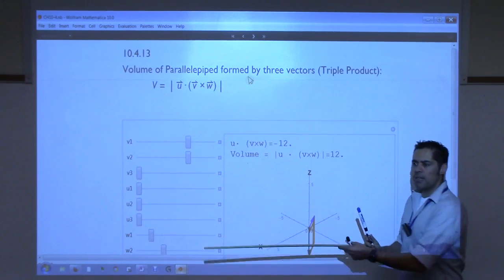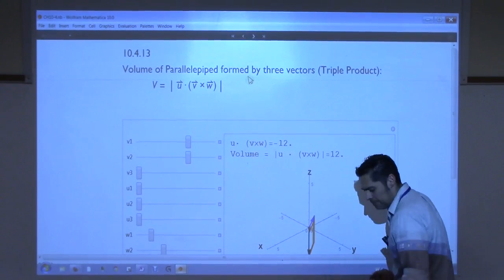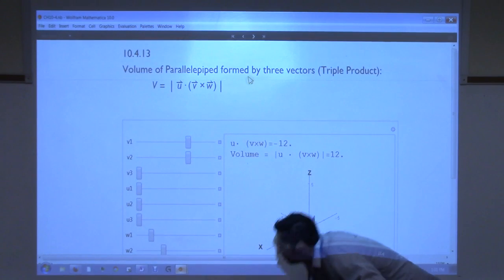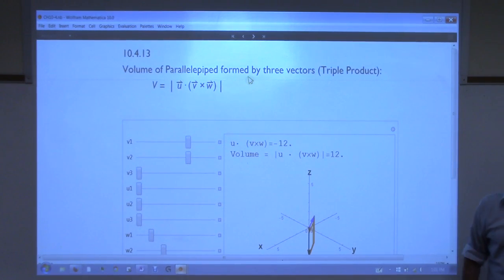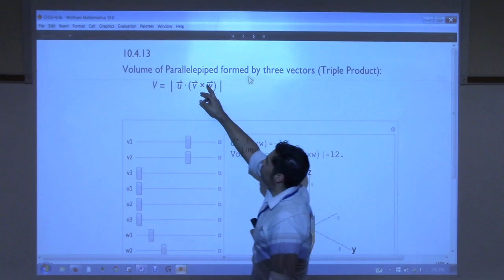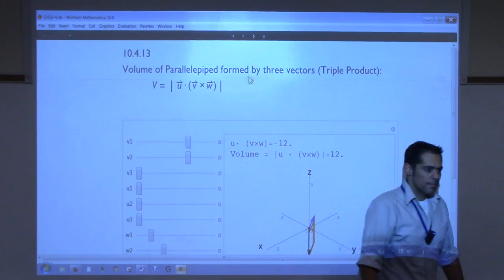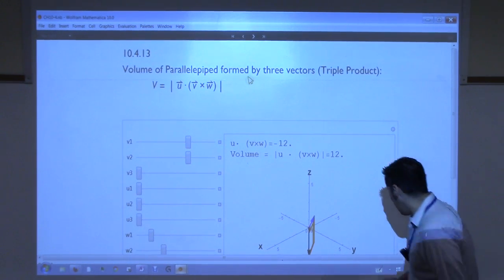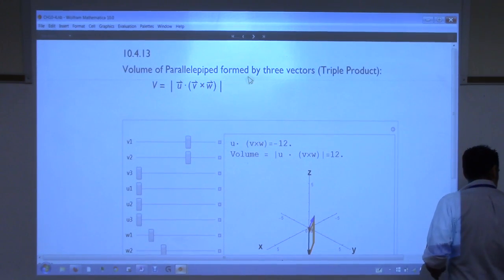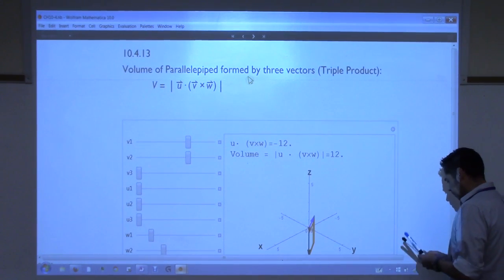So two vectors, we can find the area of the parallelogram formed by those two vectors using the magnitude of the cross product. This formula allows us to find the volume of the parallelepiped. That's what we call a three-dimensional parallelogram. We can find its volume by having three vectors. So let me try and illustrate this with my really bad vectors here.